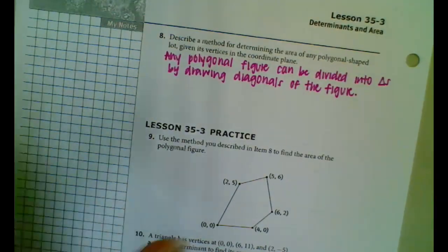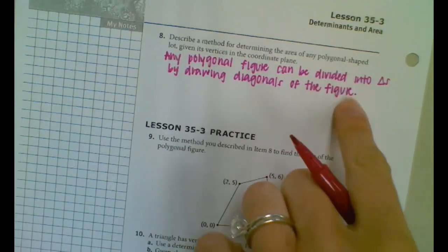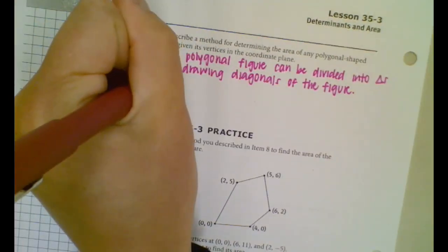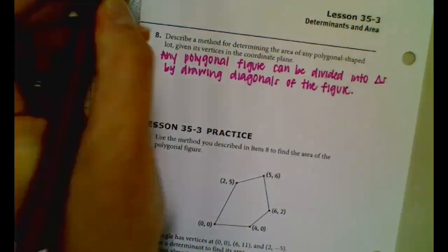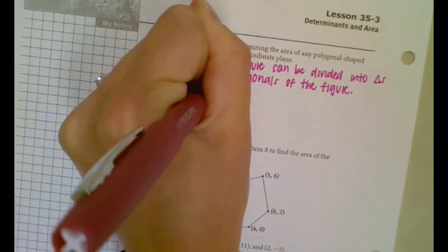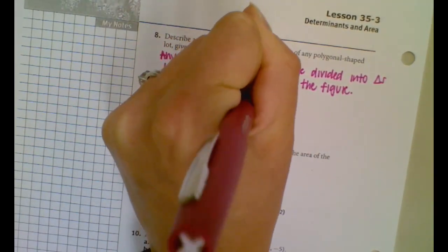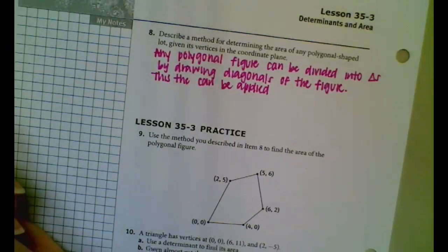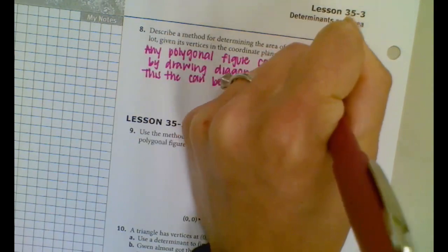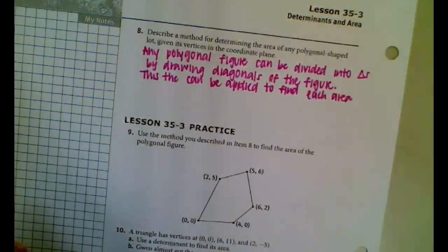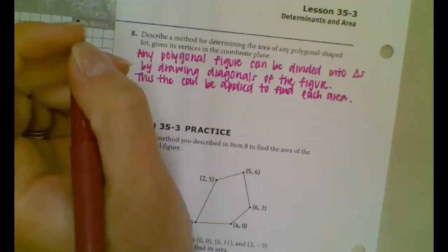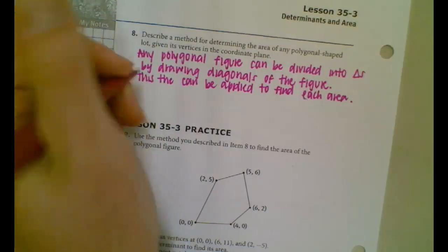This method we looked at on other problems, and by doing that, you can then apply these to find the area of each little section. So this then can be applied to find each area, and then after that you're just going to add up all the areas to get the area of the polygonal figure.